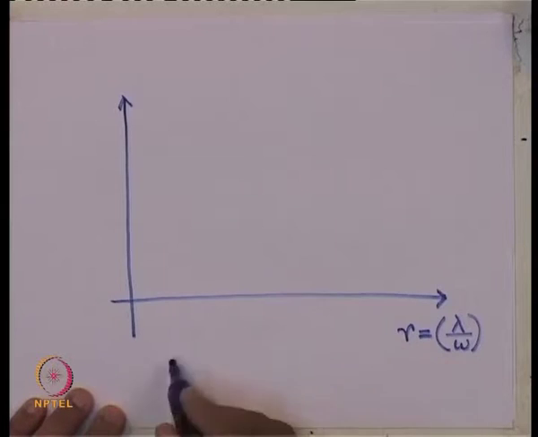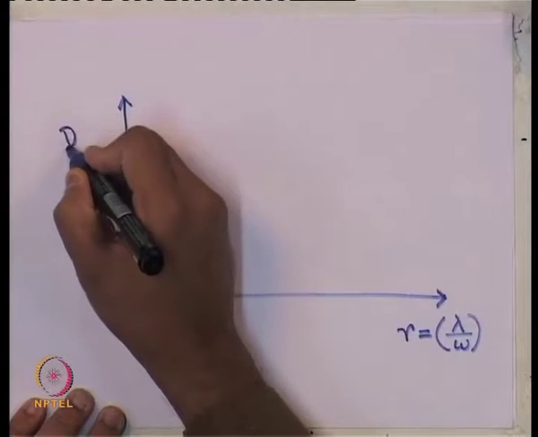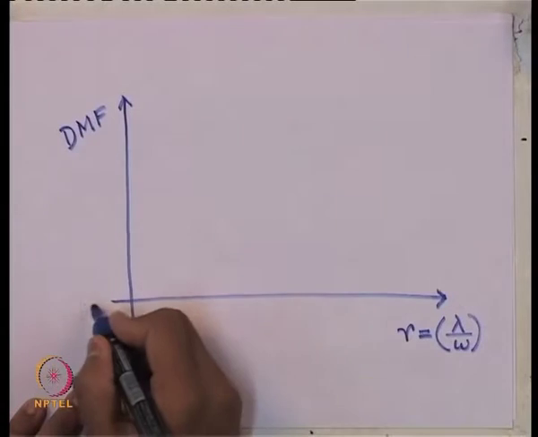So, this is our x axis, frequency ratio, and the y axis, dynamic magnification factor.